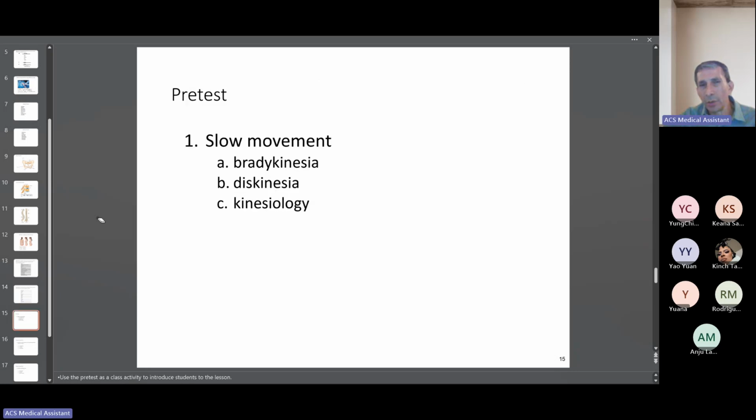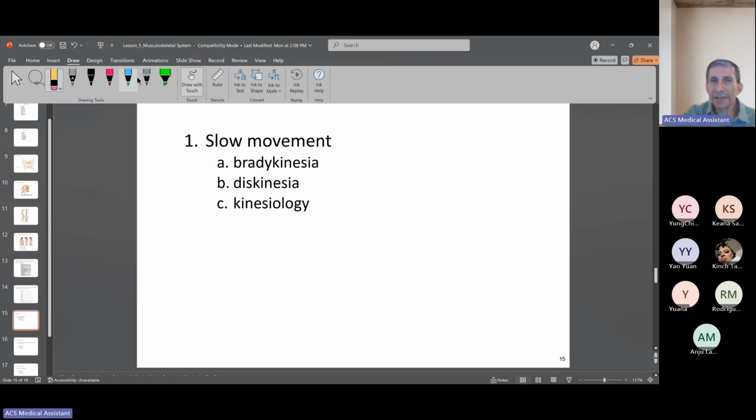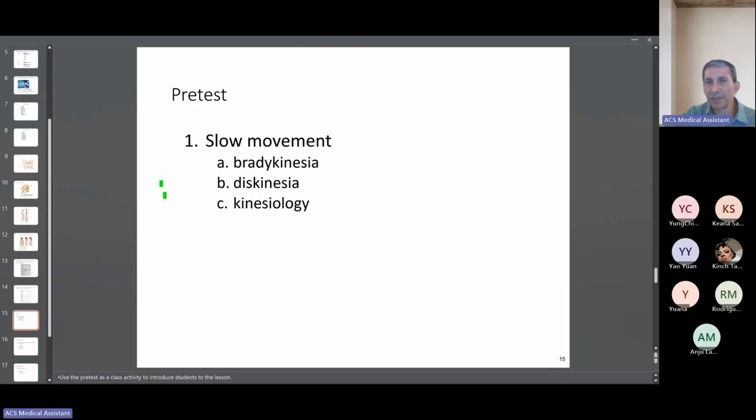Right now, pretest. Slow movement. Let's remind ourselves of this: slow movement. There are 1 and 2 dots. Which one means slow movement? You can pick either one, slow or movement. If you remember one of those, you have the answer to the question.